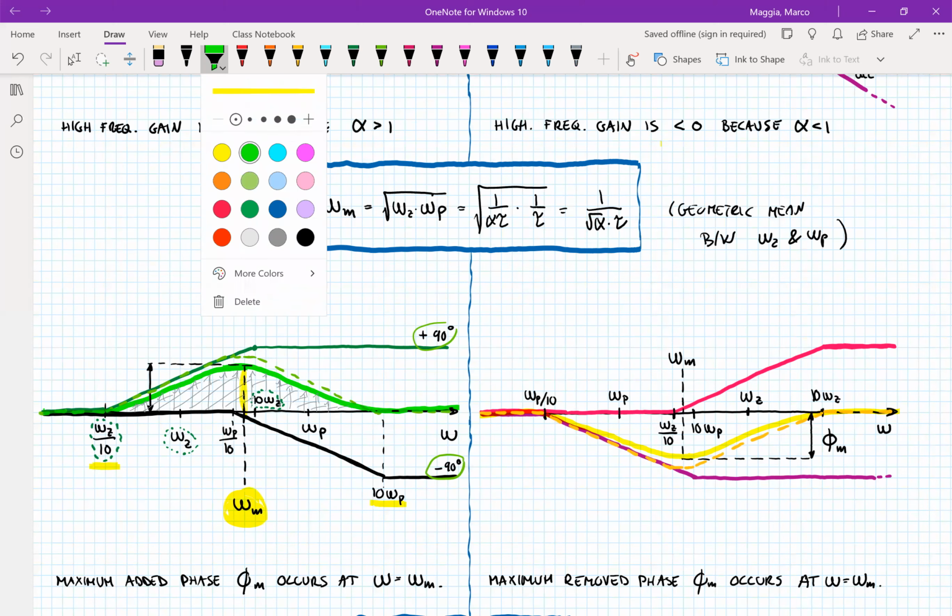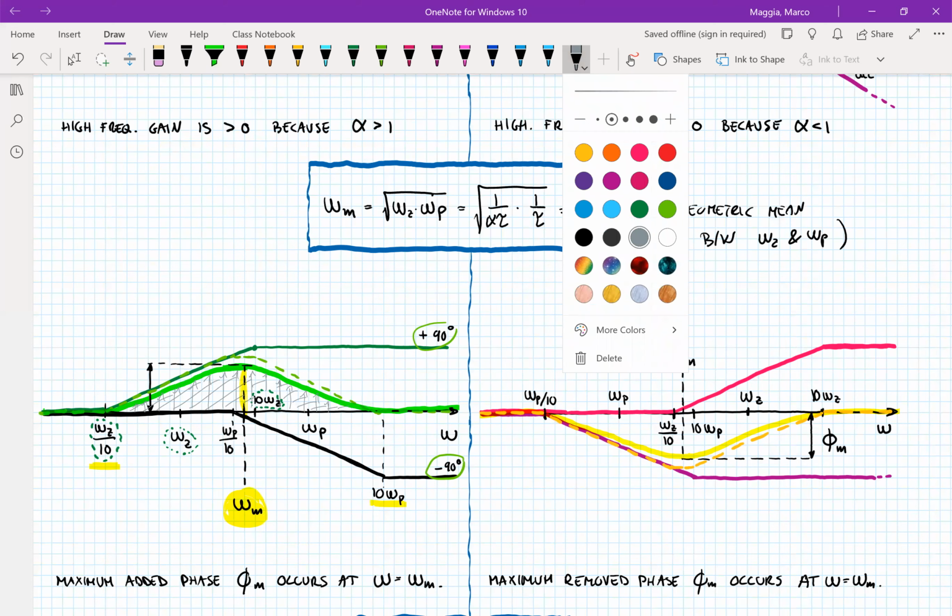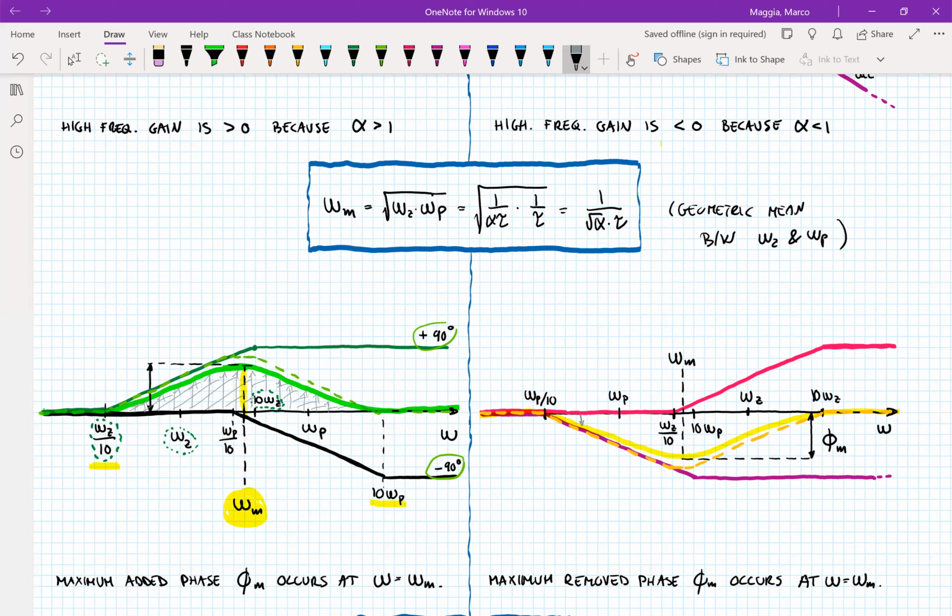Something similar can be said for the lag compensator: we're actually removing or decreasing the phase, once again between now omega p over 10, because omega p is lower than omega z, all the way to 10 times omega z.